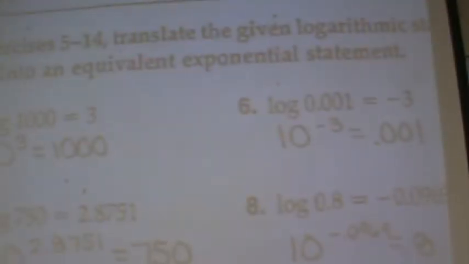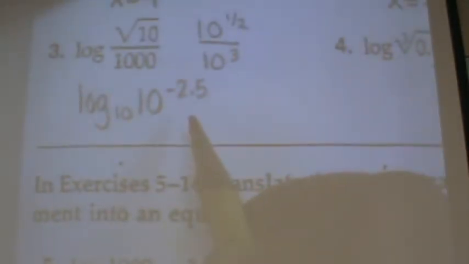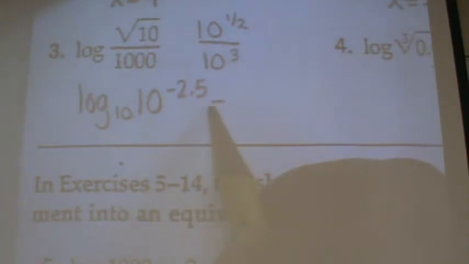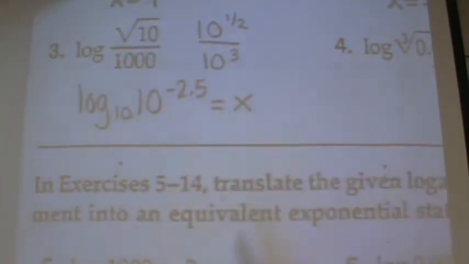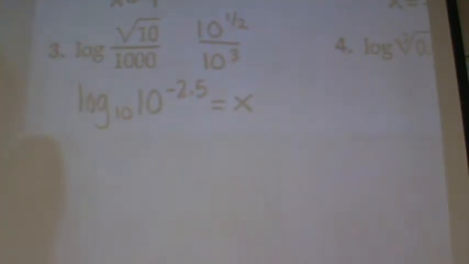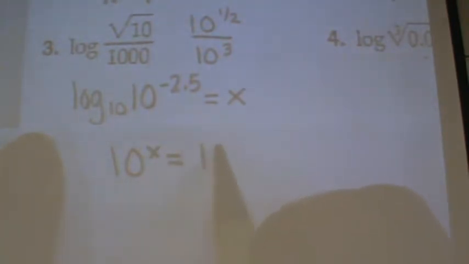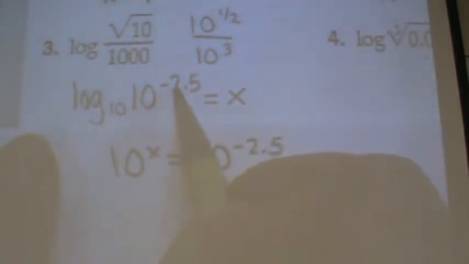If you converted this problem, I'm going to show you the long way to do this. If you convert that, this is what you have. You have 10 to what power is equal to 10 to negative 2.5. The answer is going to be this power. So whenever these two are the same, the answer is whatever this exponent is.